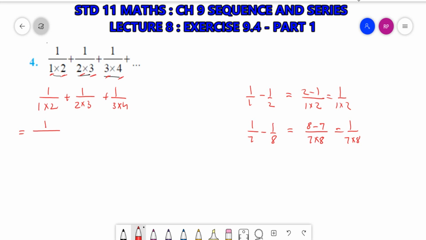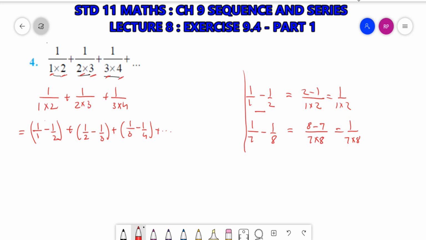1 by 1 minus 1 by 2. I can write 1 upon 1 into 2 in this way. Plus, similarly, how can I write 1 upon 2 into 3? 1 by 2 minus 1 by 3. Similarly, 1 by 3 minus 1 by 4.